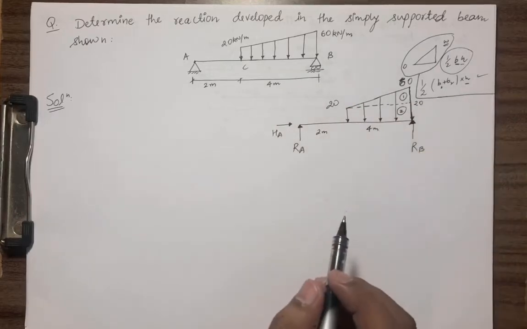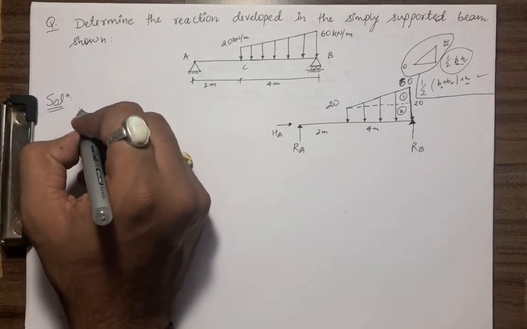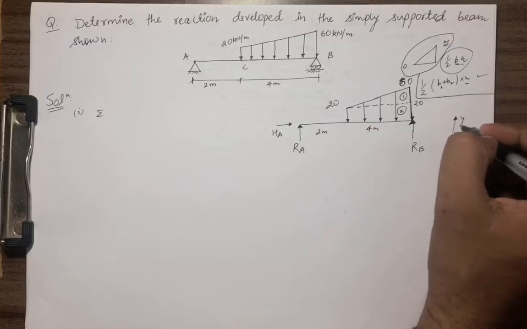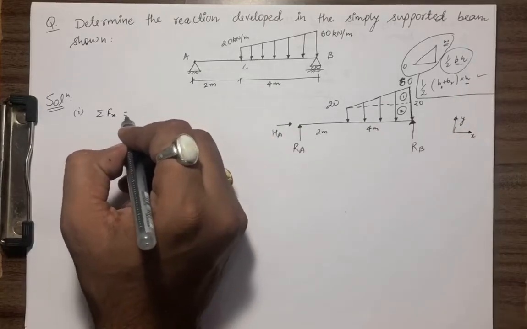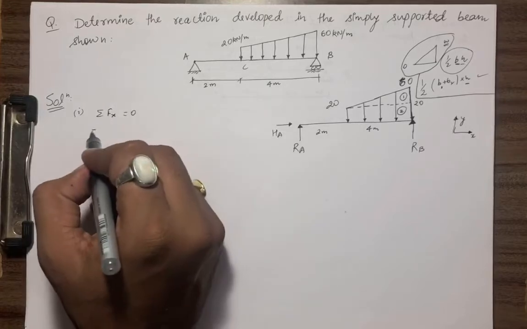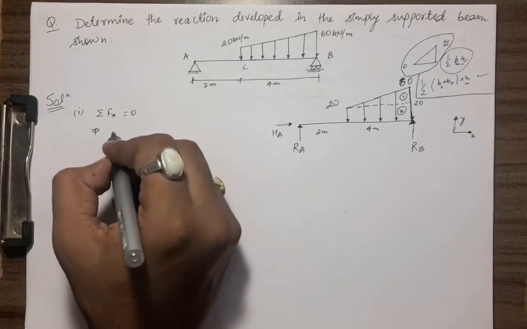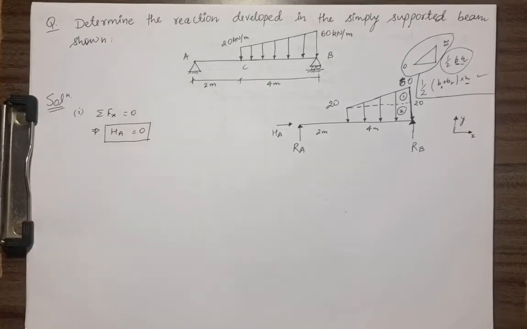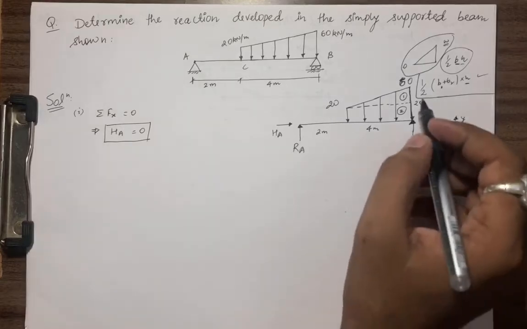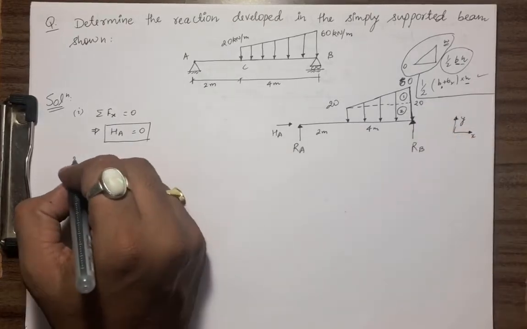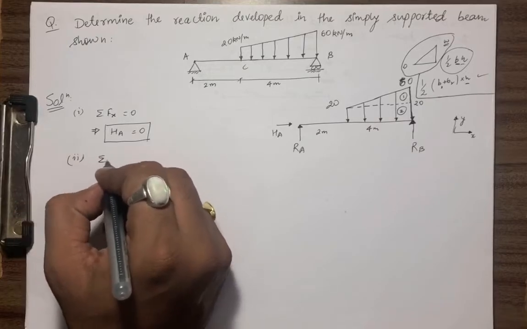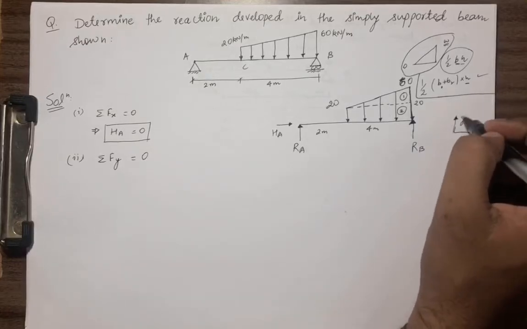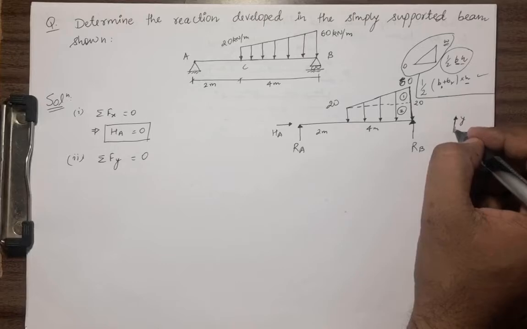Now equation number 1: this is x, this is y, so summation Fx is 0, this implies HA is equal to 0. Now the second condition is summation Fy will be 0. In this direction positive, in the opposite direction it will be negative.